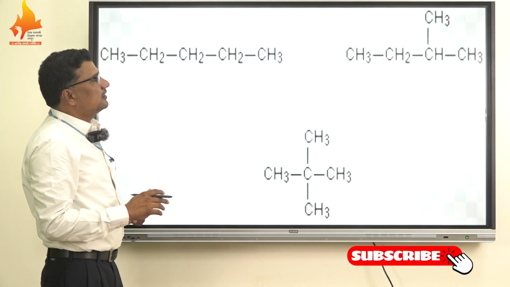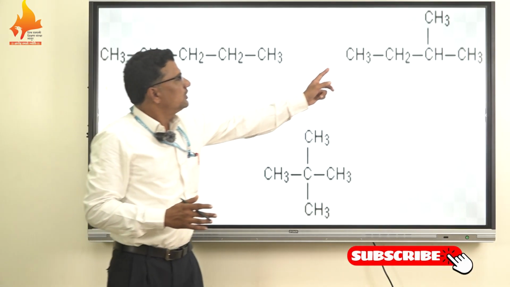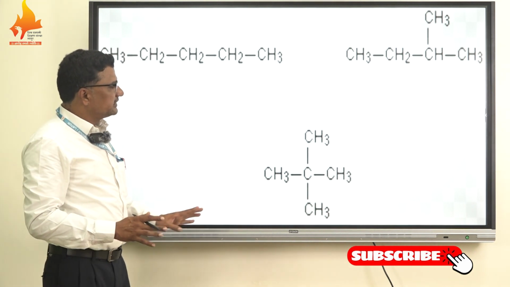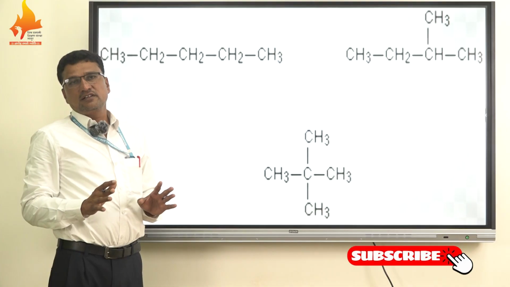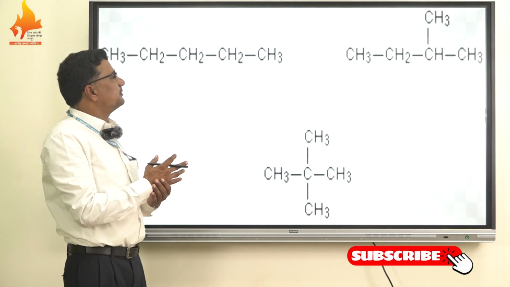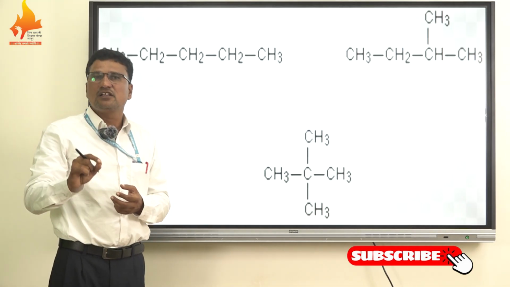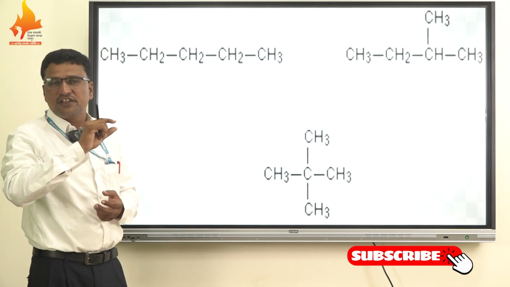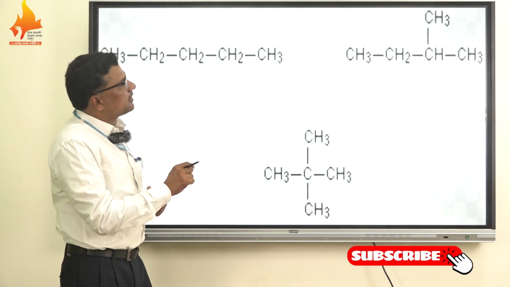The second is an isomer of the first, again with 5 carbons, and in the third, if you look at the screen, there are again 5 carbons, but there is a change in the carbon chain. The numbers of carbons and hydrogens are the same, but the carbon chain changes. In the first example, a straight normal chain is there, so we call it n-pentane, normal pentane. Always we write a small n if it is present in a straight chain. Now, in the second molecule on the screen, on the second carbon, one methyl group is there.